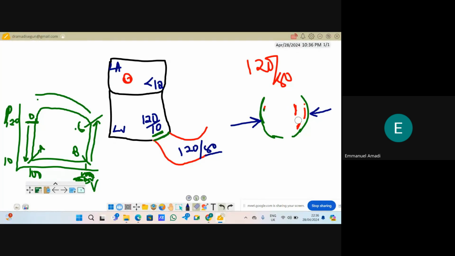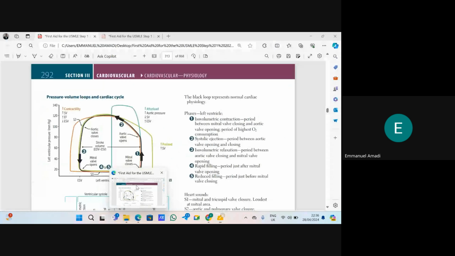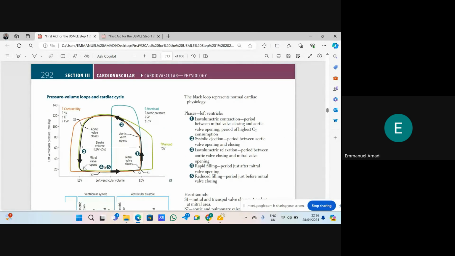So the first time the mitral valve opens, there's what we call the passive ventricular filling. That is that first movement. That is what you have in number 4. Look at this, this is where the mitral valve opens. So number 4 is the passive ventricular filling, the one that gravity does.